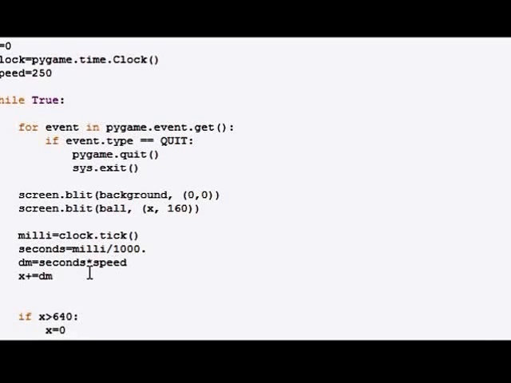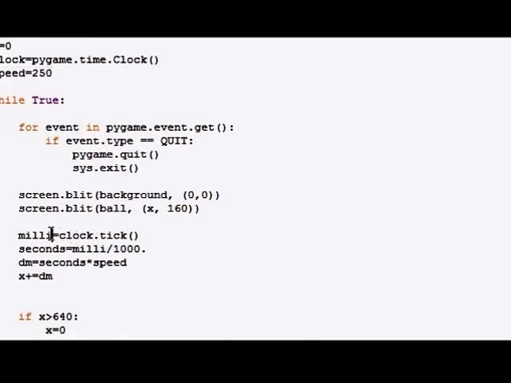So again, one last time, we started the x coordinate at 0 just because it's a good place to start. After that, we went ahead and opened our clock object, because what this clock object does is it allows you to give a constant across all computers. Next, we set a speed, which was 250, which we were going to use later.